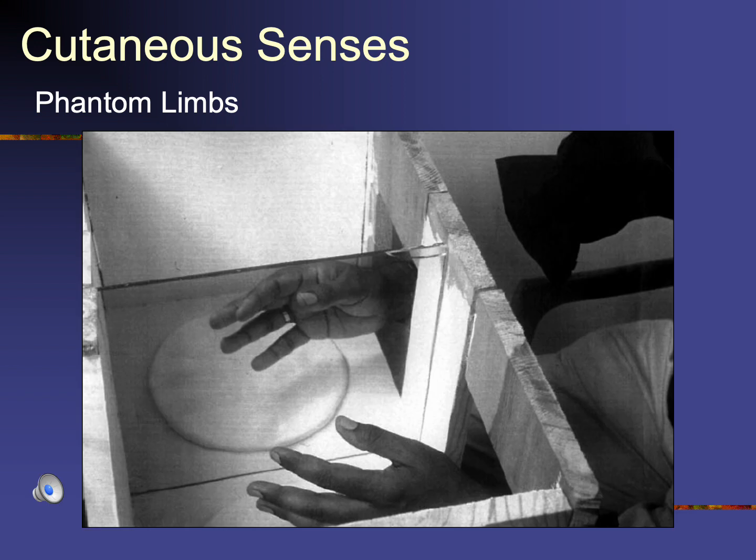This is another aspect of the phantom limb phenomenon. It's also in the movie, so I'm not going to elaborate on it here. But basically, it illustrates the role of vision in the creation of the phantom limb. Remember, vision will trump all other sensory systems. So if a primate sees visual information consistent with something, it will accommodate to that visual information, and it may not to others. Here you have somebody with an amputation. They put their left hand in a device that's got a mirror in it.